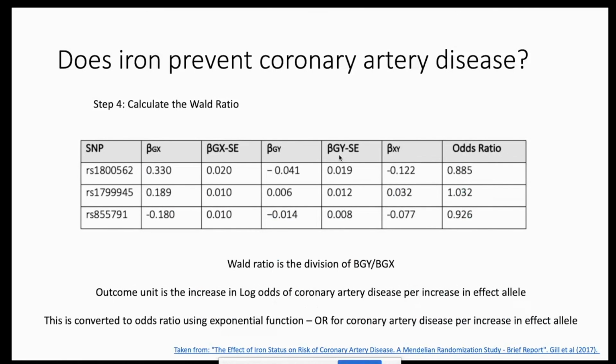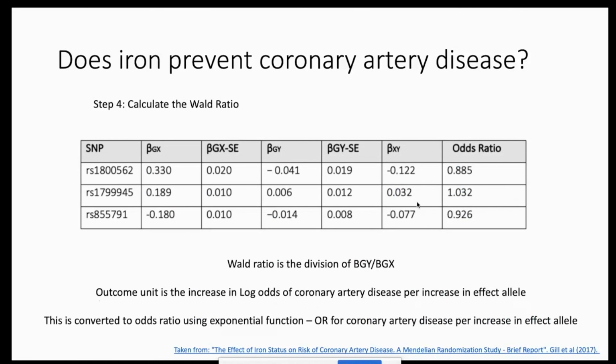And now we're going to calculate the Wald ratio. As I described before, the Wald ratio is simply the association with the outcome divided by the association with the exposure. And if we get our calculators out, this is the result.